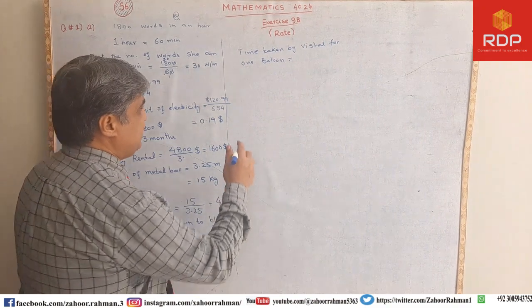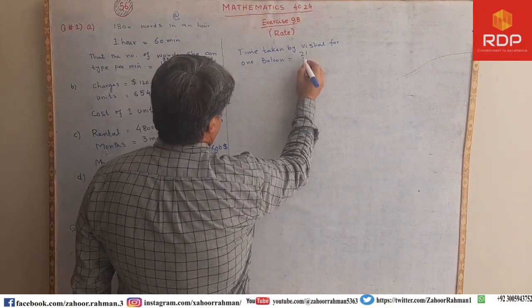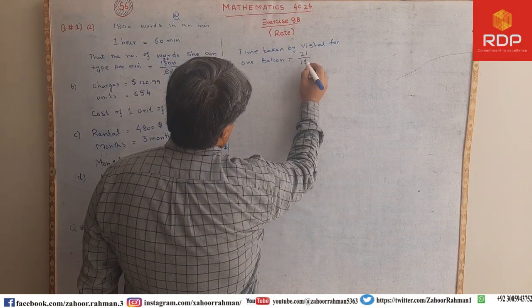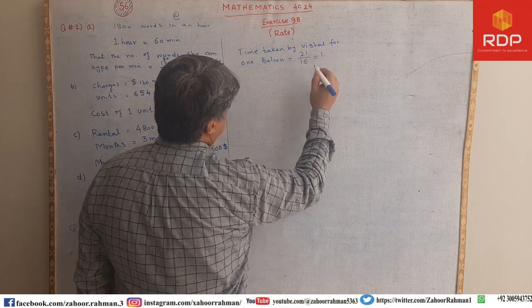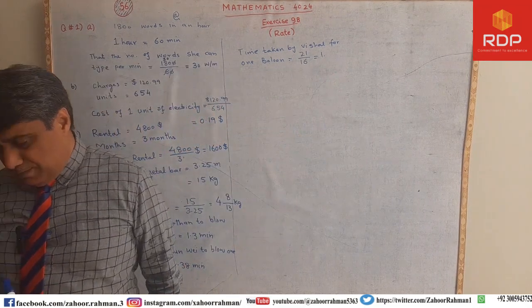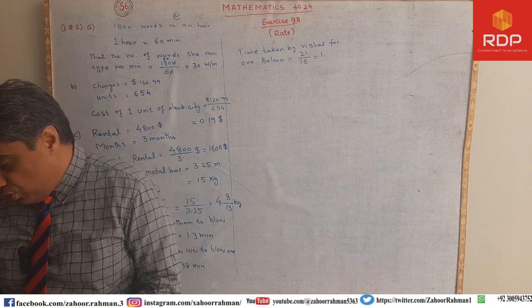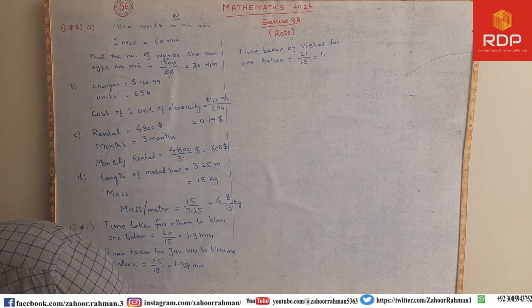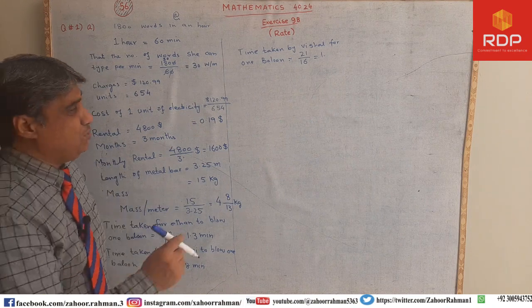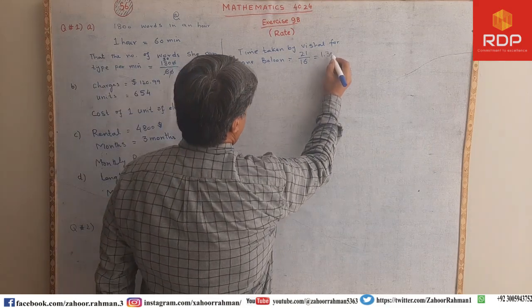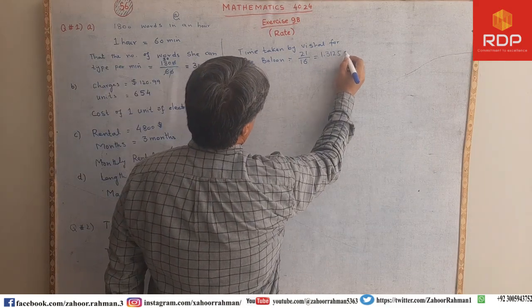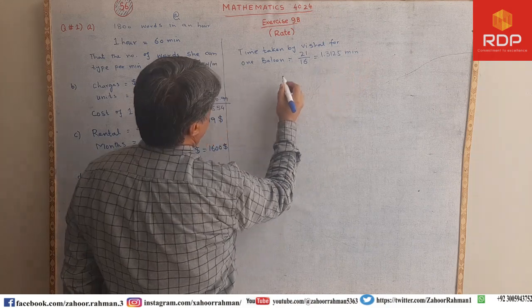So 21 divided by 16, and that is 1.3125 minutes.